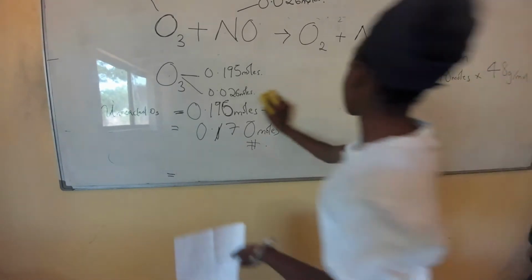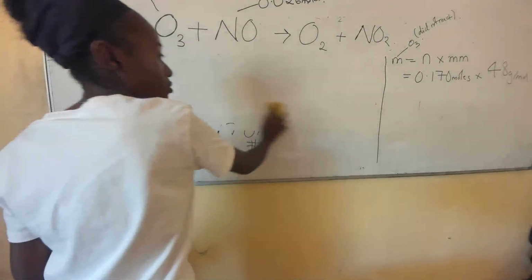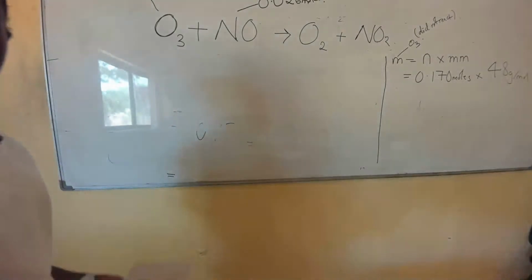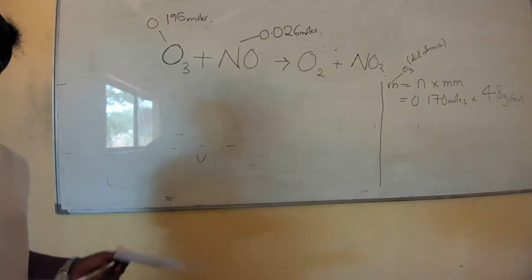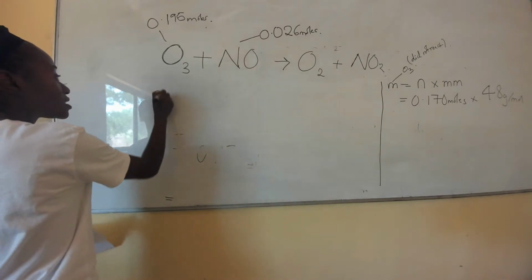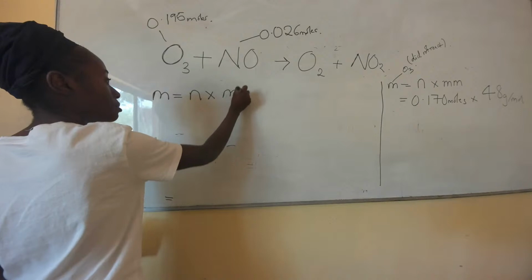Okay, so let me just rewrite it here. We're going to say mass is equal to number of moles times molar mass.